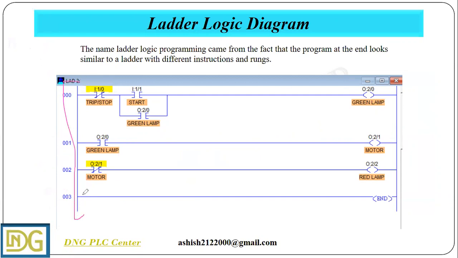And this is the rail. This is the positive rail, and this is the negative rail. When we connect a lamp with a battery, we connect one terminal to the positive and one terminal to the negative.